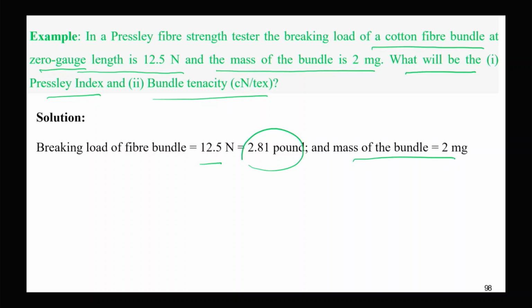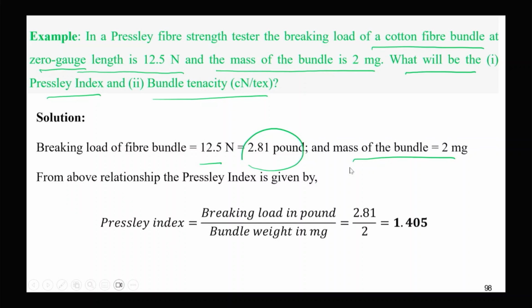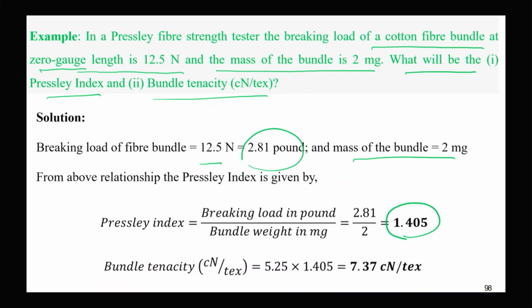Mass of fiber bundle is 2 milligram. So we can get directly the Pressley index 1.405, and bundle tenacity in centinewton per tex, the relationship we know, 5.25 multiplied by Pressley index, it is 7.37.